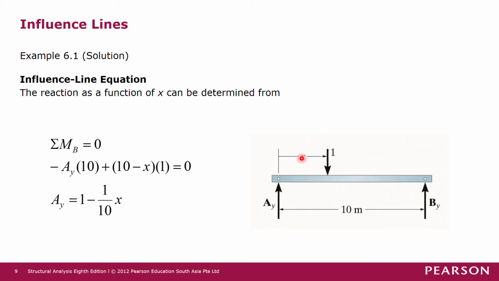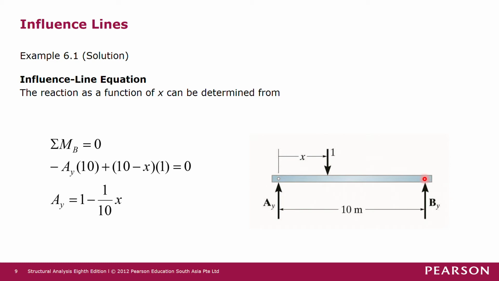Just now, in tabulating values, we fixed x at 0, 2.5, 5, 7.5, and 10. But in this case, we just put x as a variable, so the location of x can be anywhere.